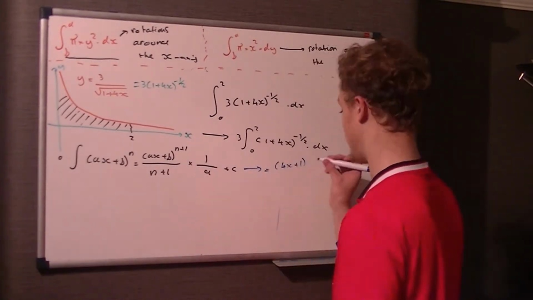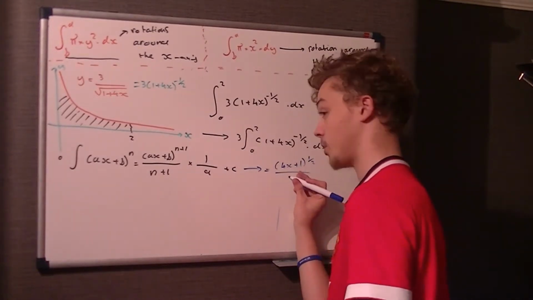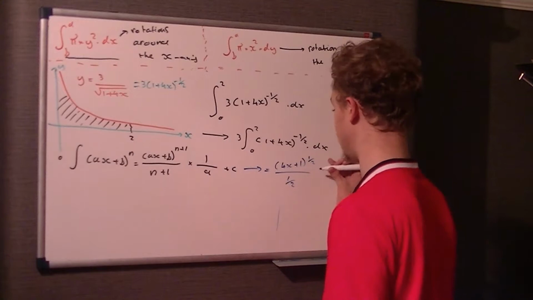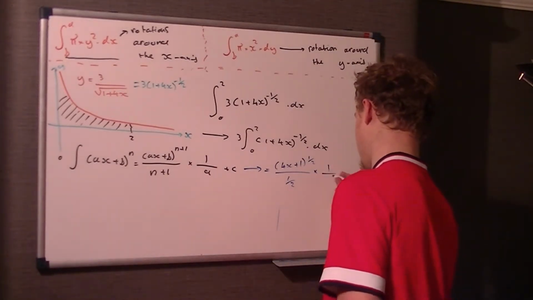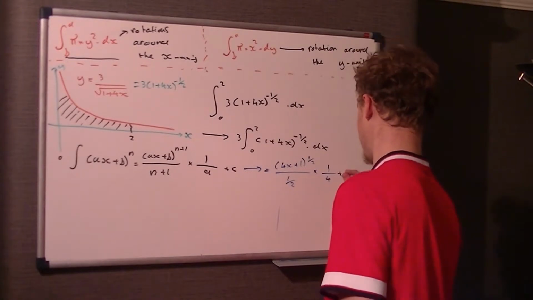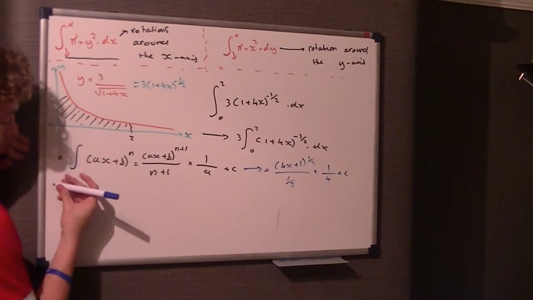1 plus a negative half is obviously a half, over 1 plus negative a half, which is a half, times 1 over a being 4, so that's 1 over your 4, plus c. Now you don't really need to include that because when we integrate it, c is just a numerical answer.